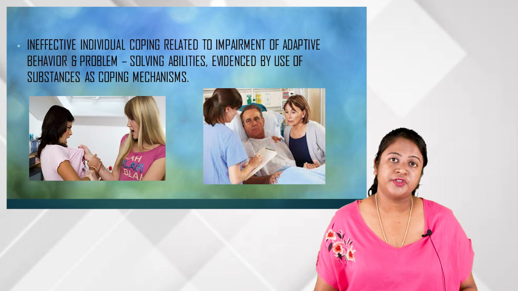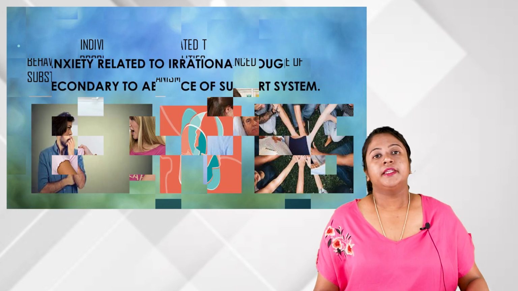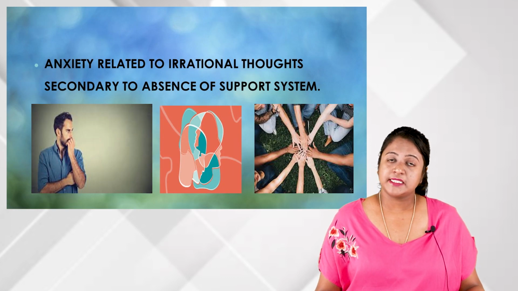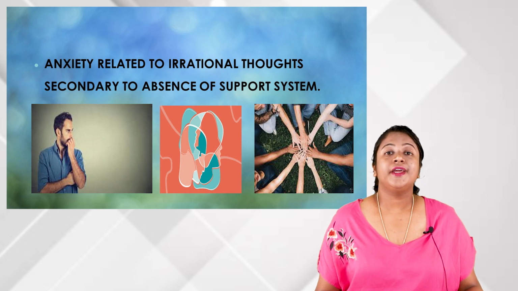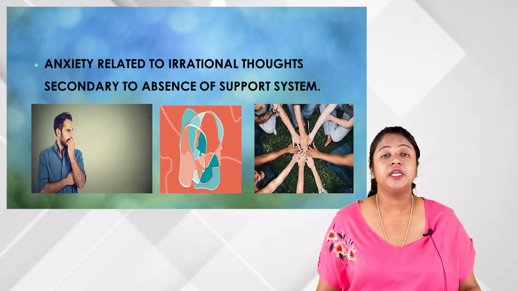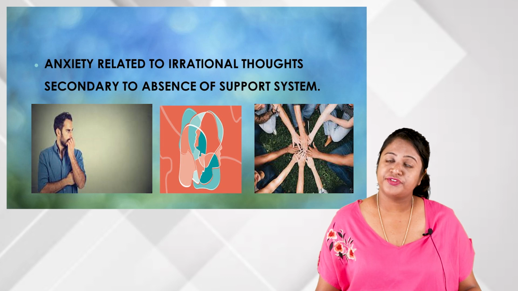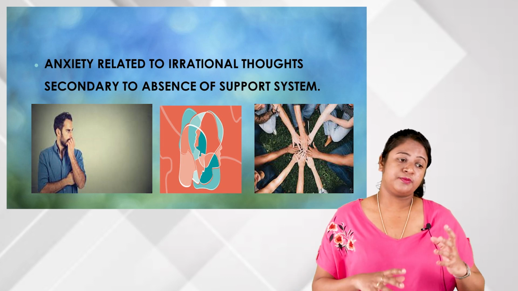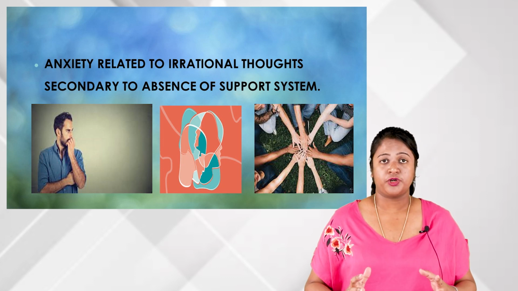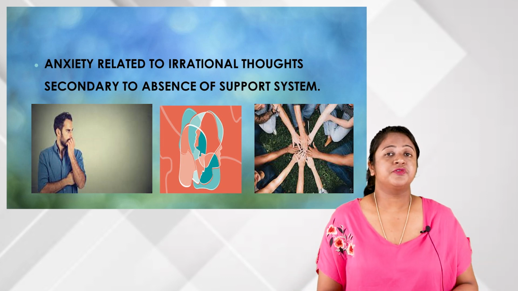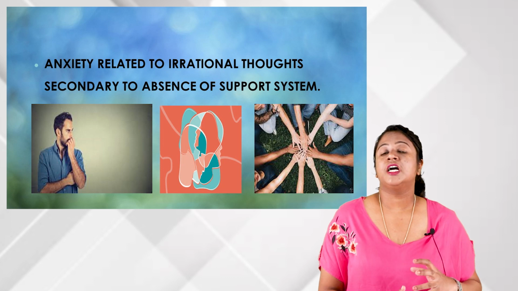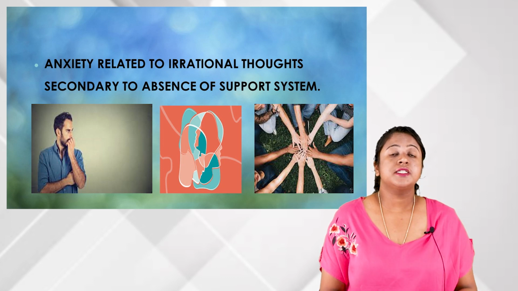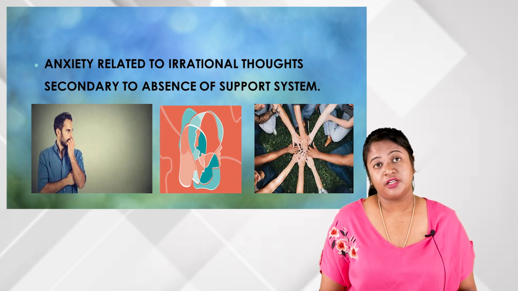So that is one of the nursing diagnoses you can state. Next nursing diagnosis, we have anxiety related to irrational thoughts secondary to absence of a support system. So when there is a poor support system, no friends, no family to support, obviously a client becomes very anxious because he is getting all such ideas or irrational thoughts.